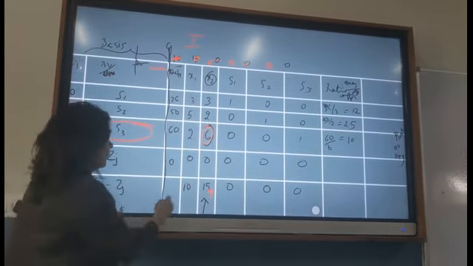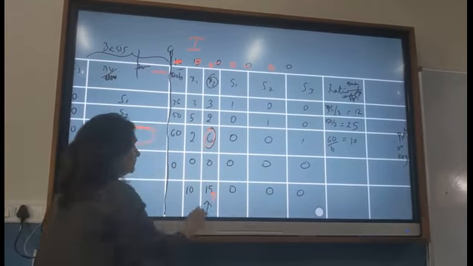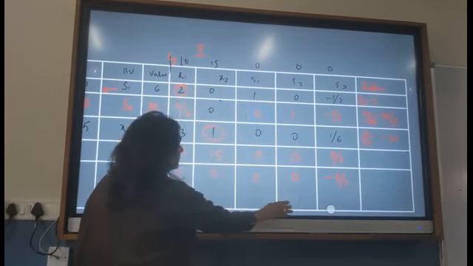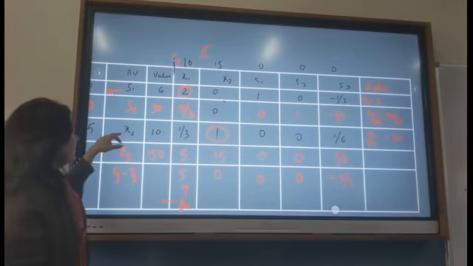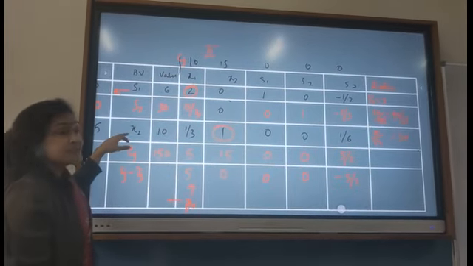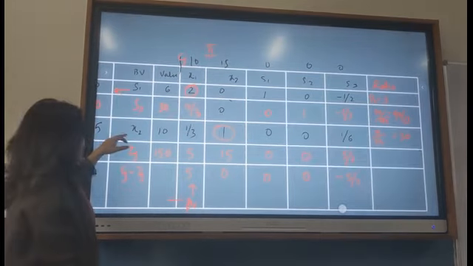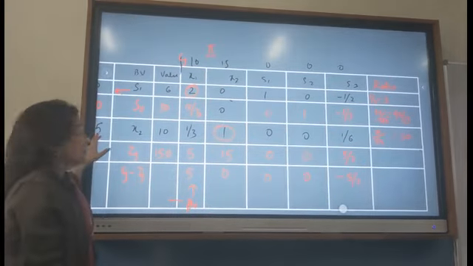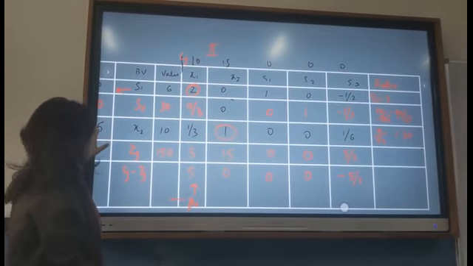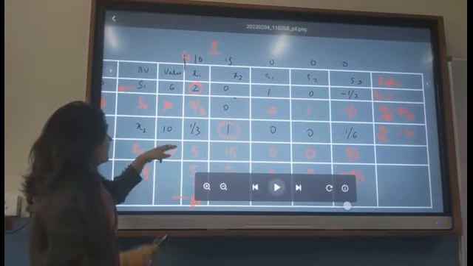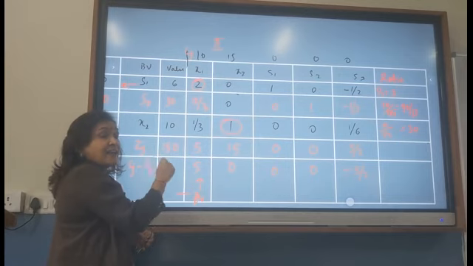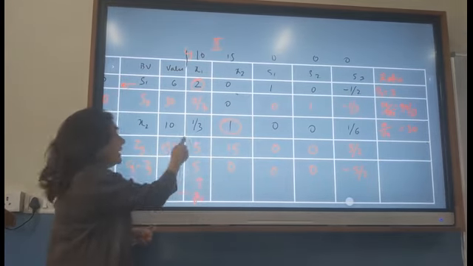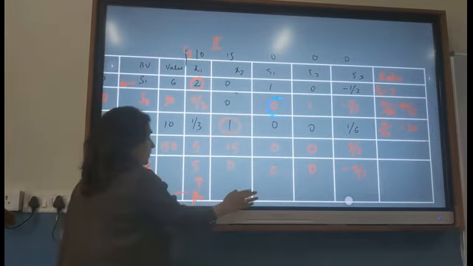So we make our table 2. The first thing that I write in table 2 is x2. The profit contribution of x2 is 15.